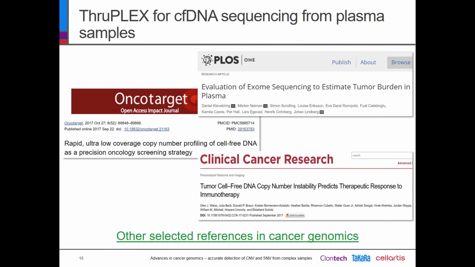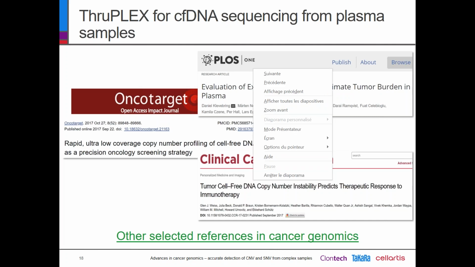I just reported a few very recent publications on these topics, and also this link in green to our website, where you will find, of course, a lot more references for successful use of ThruPlex in liquid biopsies of cancer patients.